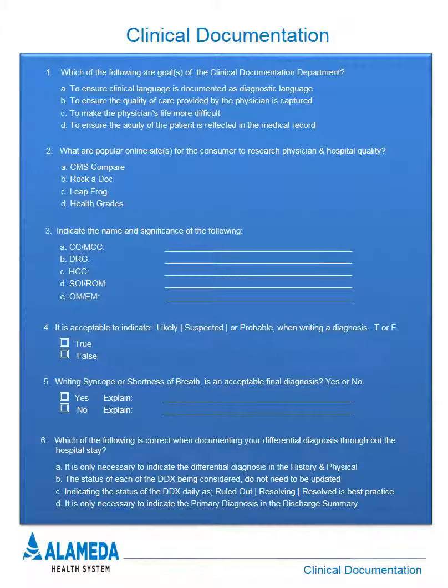So in the very beginning, within the first 24, 48 hours, you might not know for absolute certainty that this is a diagnosis, so you could put likely, suspected, or probable. And as the patient's stay progresses and you rule things out and rule things in and begin to treat, then you will know that the patient has that actual diagnosis. But likely, suspected, or probable is acceptable to write in front of a diagnosis.